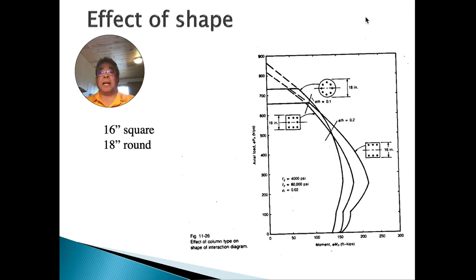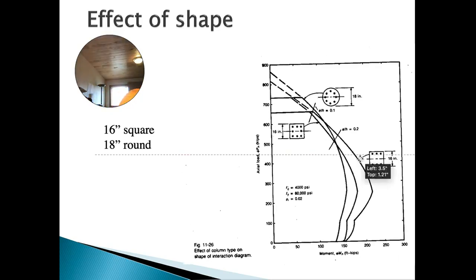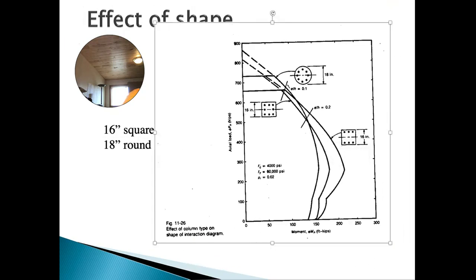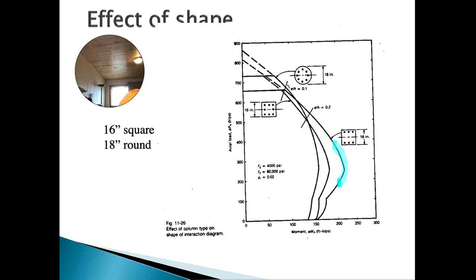You can see that the most effective, and they're therefore equal percentage of steel, in terms of moment is to put all the steel as far away from the middle as possible. So it'll be the one with steel on only 2 faces. So that has the highest moment capacity.